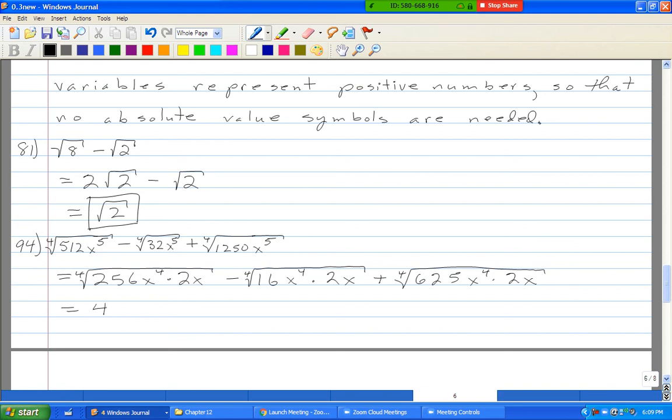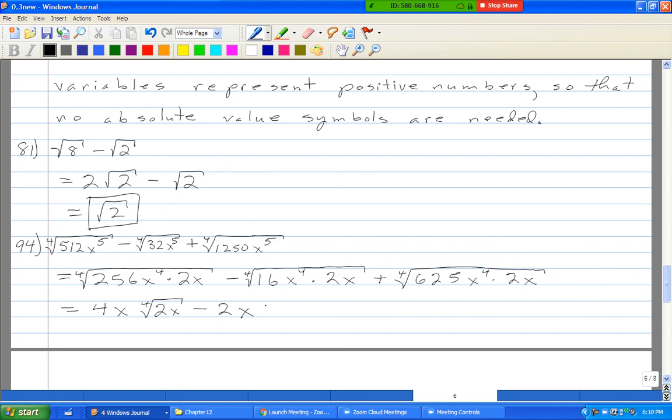4, 16, 64, 256. The fourth root of x to the 4th is x. Again, they're telling us we don't need absolute values. Normally we would need absolute values, but they're saying that x is greater than 0. And so what remains is rad 2x. The fourth root of 16 is 2: 2, 4, 8, 16.